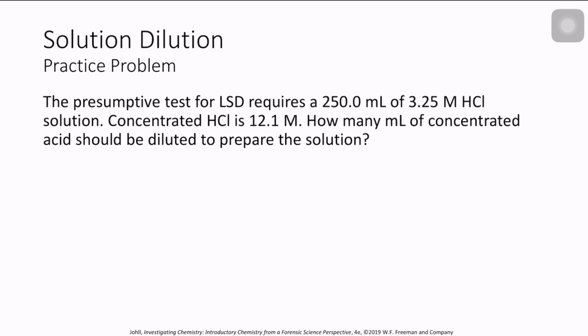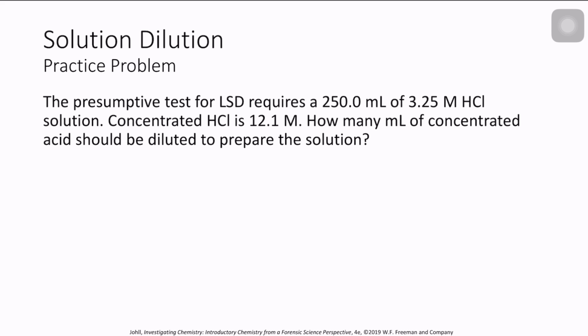The first thing I like to do with this is identify all of my numbers and see how they fit together. So I have a volume and a molarity, and then finally I have a second molarity. Now, your concentrated solution is always going to be your M1.